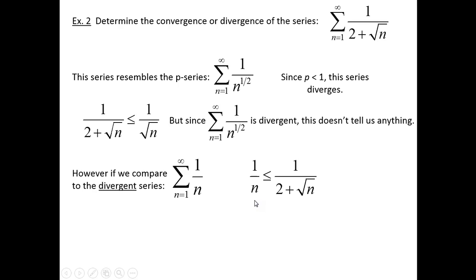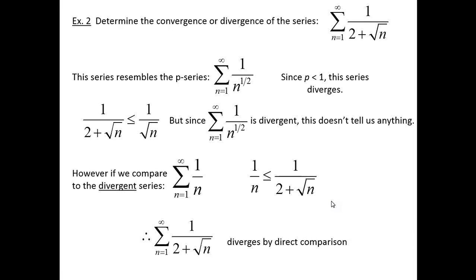So if 1 over n diverges, and that is less than the series we're interested in, what does it force anything above it to do? It also diverges. The reason is by direct comparison. The trick when you're using a direct comparison test is to find a series that you can make an inequality with that makes sense to you.